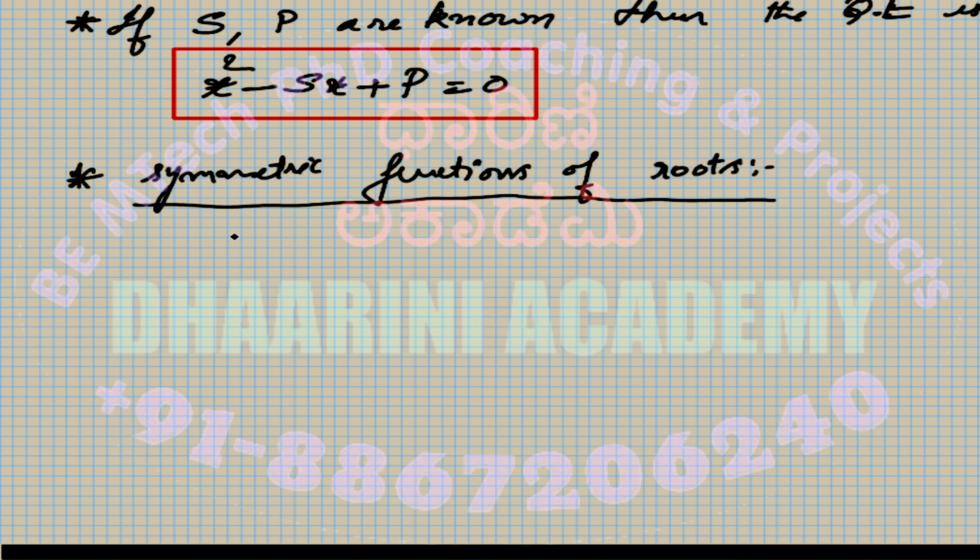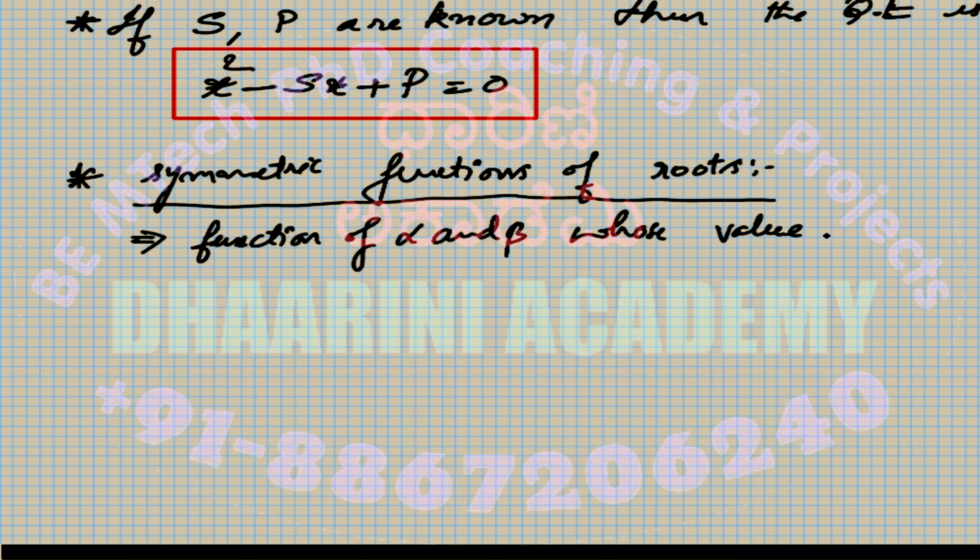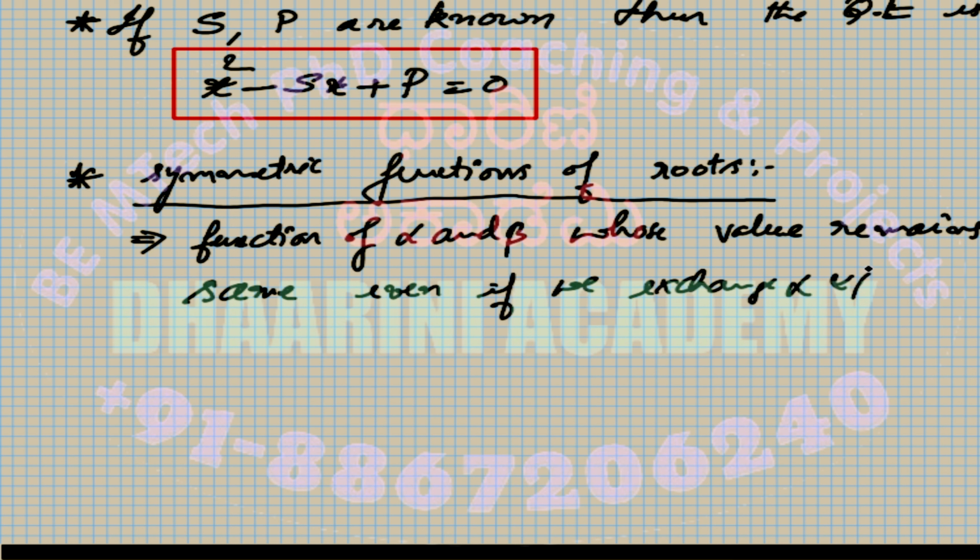So symmetric functions mean a function of alpha and beta whose value remains the same even if we exchange alpha and beta in that equation.